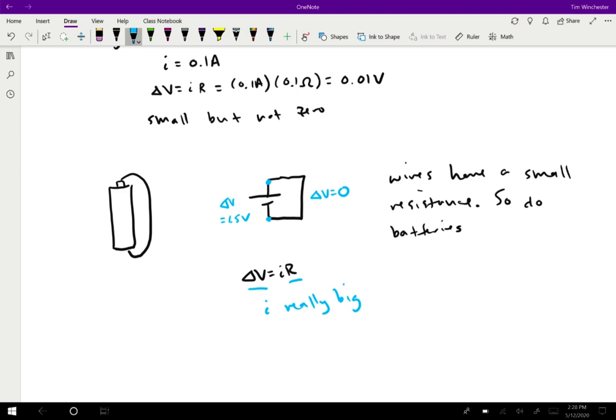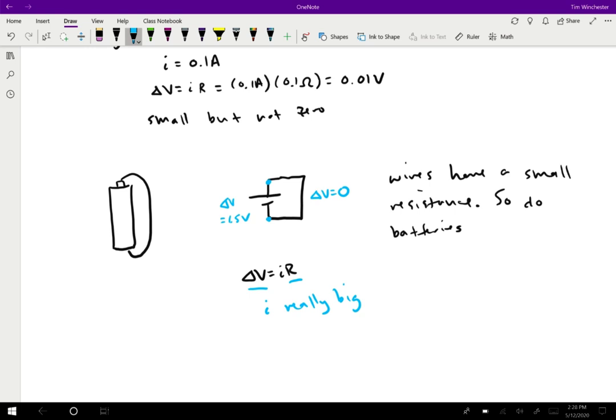Something like a volt could be 1 ohm times 1 amp, or it could be 0.01 ohms times 100 amps. So essentially, you'll just get a really big current in a case like this.